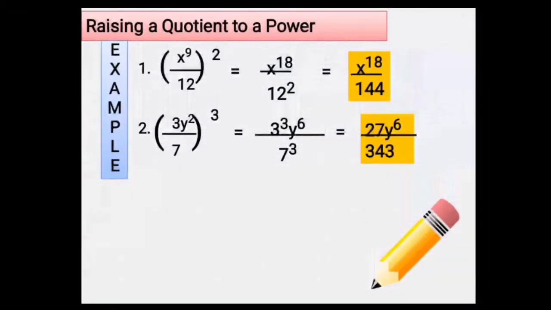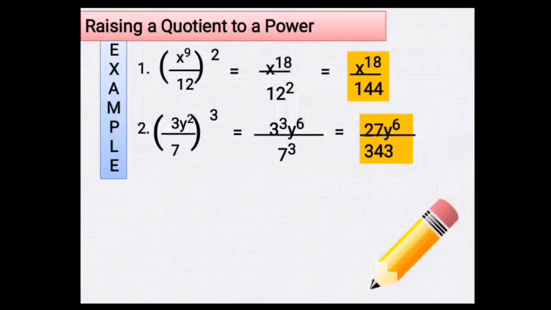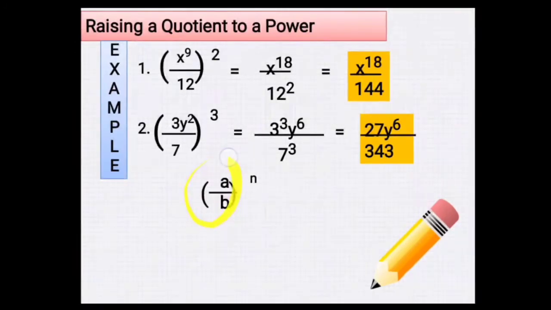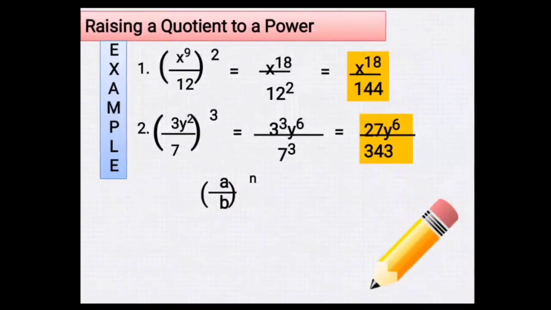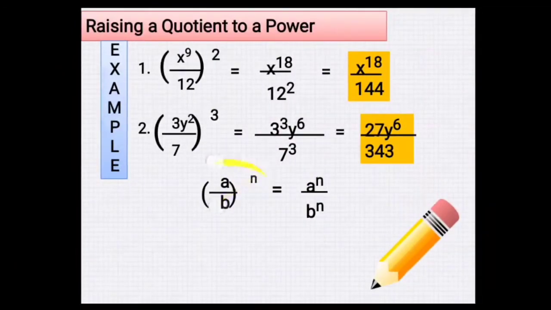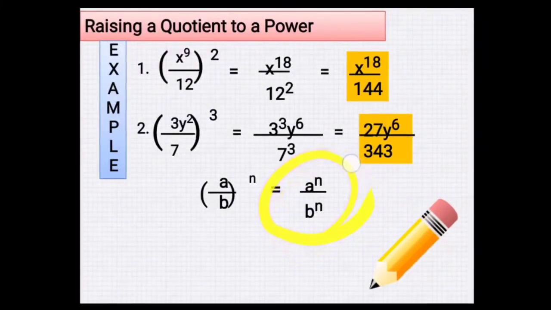Therefore, our answer is 27y to the 6th power divided by 343. So if the operation of the given expression is division and there is an exponent outside the parentheses, what you are going to do is distribute the exponent on the numerator and on the denominator. That's why we have a raised to n divided by b raised to n.